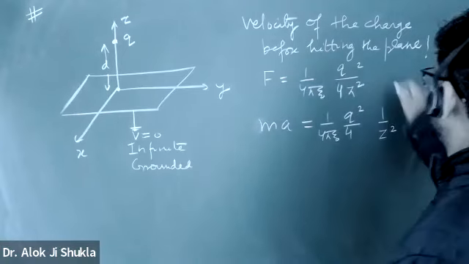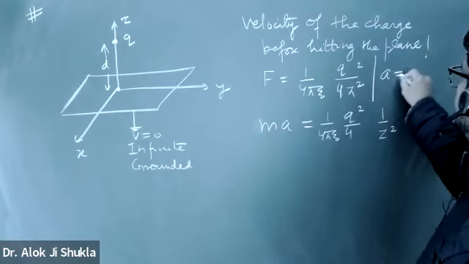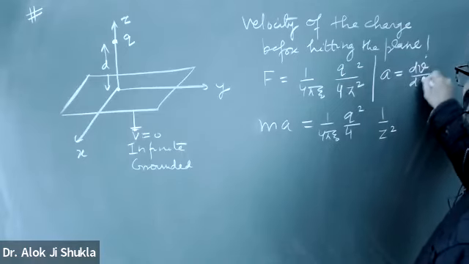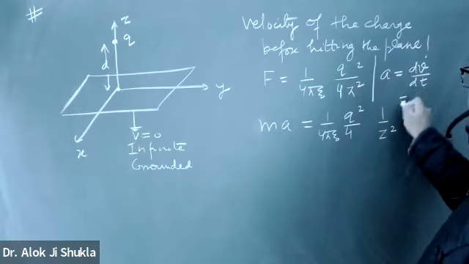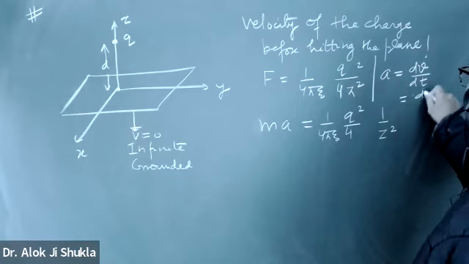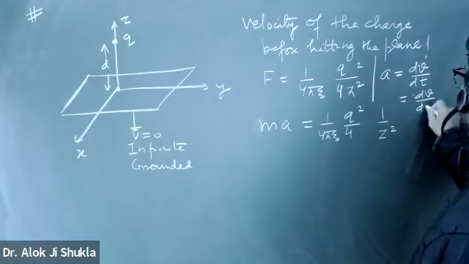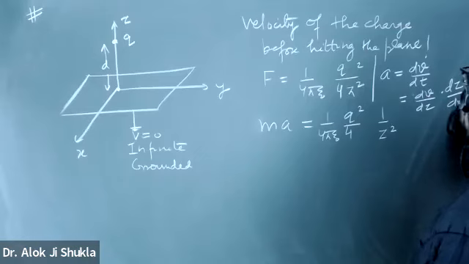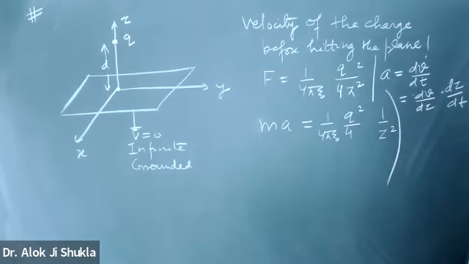And acceleration is how much? dv by dt, and that is equal to dv by dz into dz by dt. So that is equal to v dv by dz. Okay, v dv by dz.